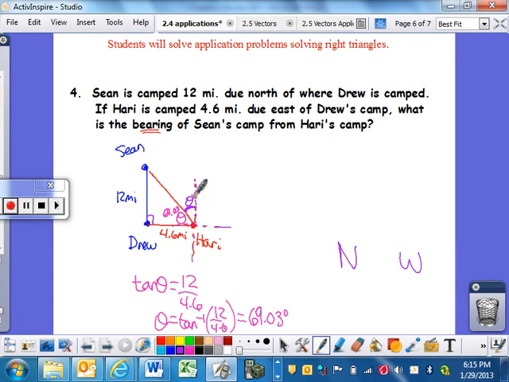Okay? So to find this angle for my bearing north, how many degrees west? 90 minus 69.03 will be 20.97 degrees. So my bearing will be north 20.97 degrees west.